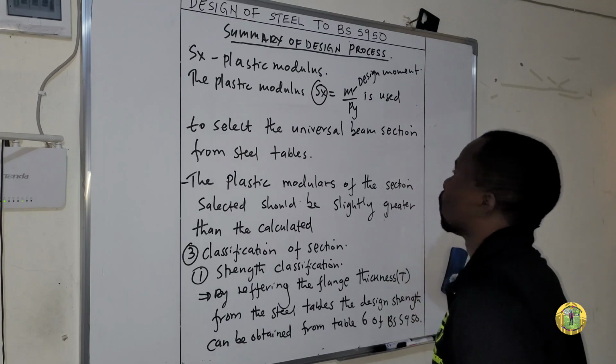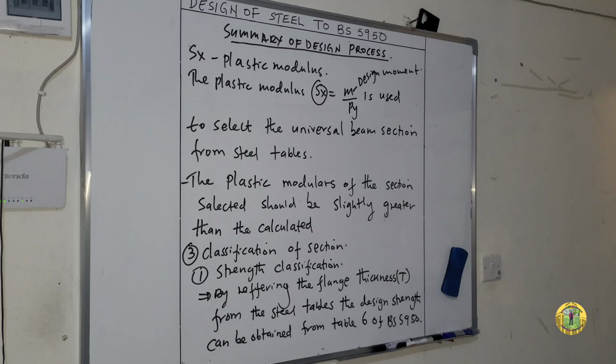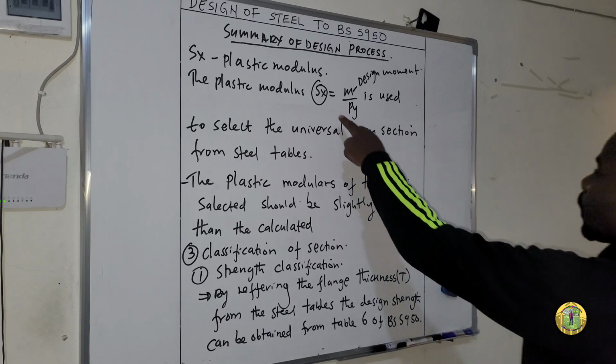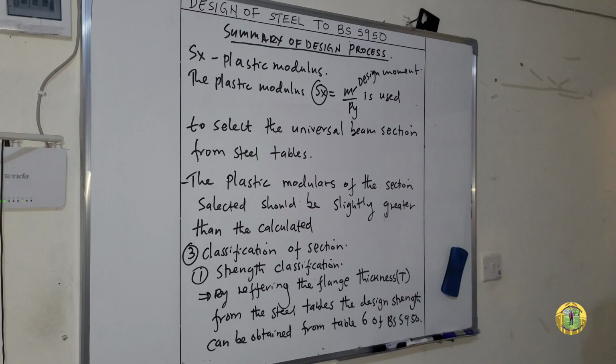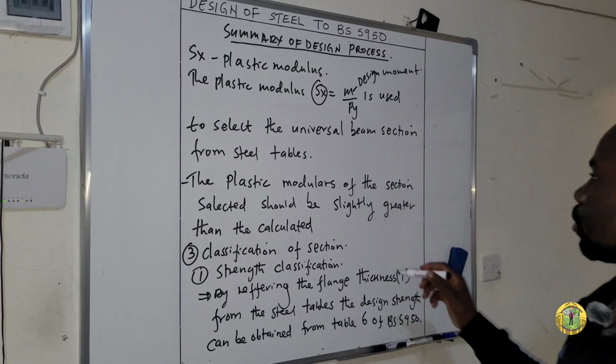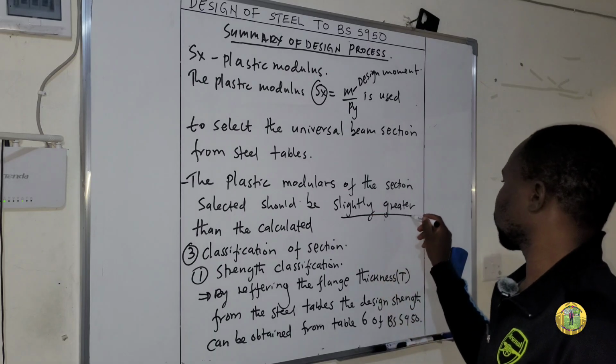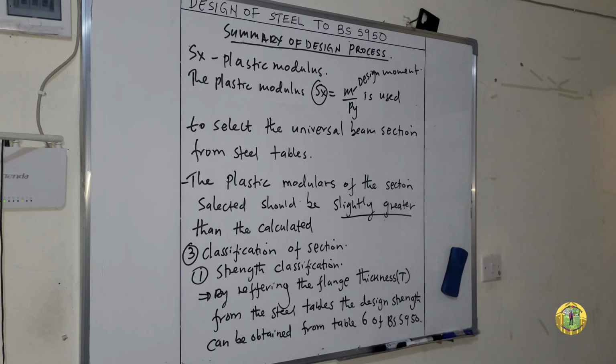This Sx will help you to select the universal beam section from steel tables. The plastic modulus of the section selected should be slightly greater than the calculated plastic modulus.